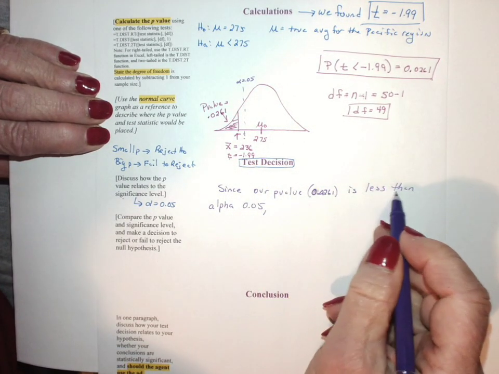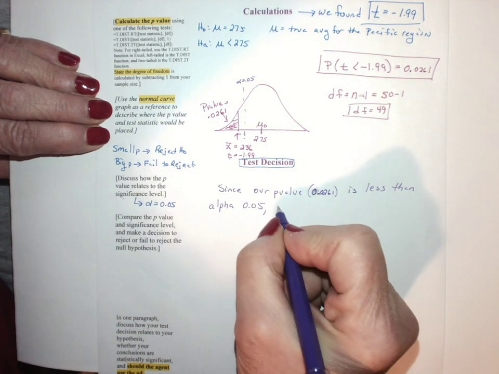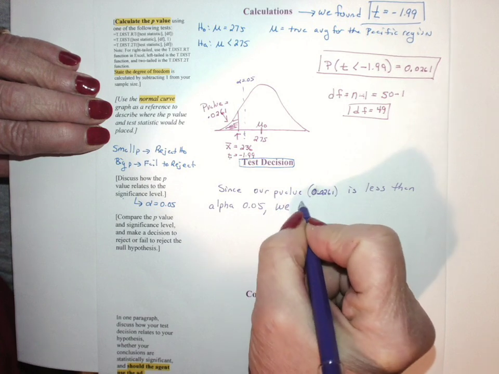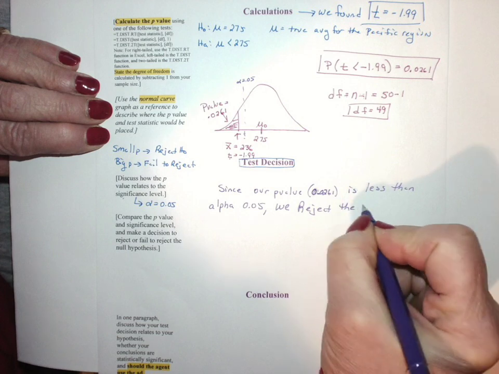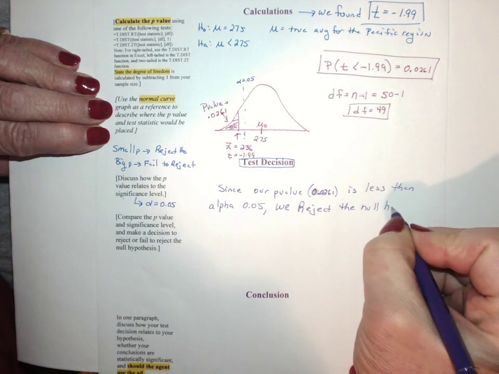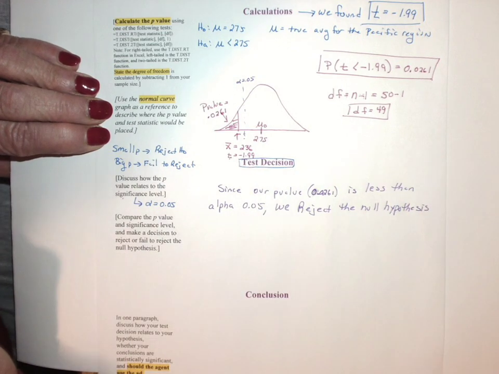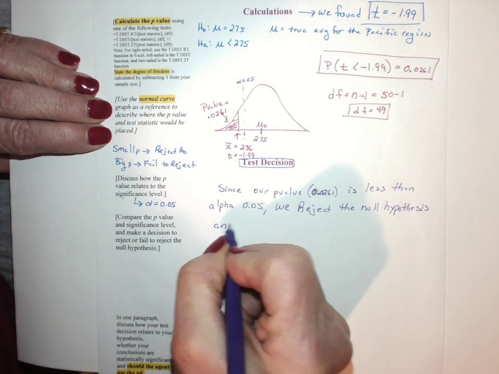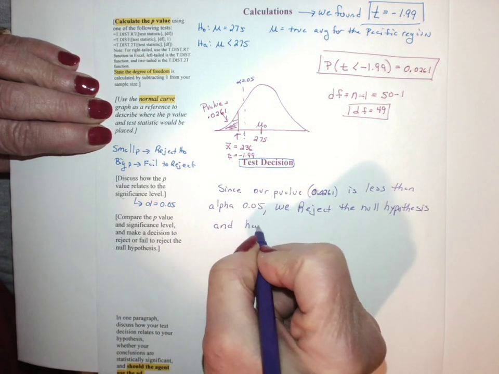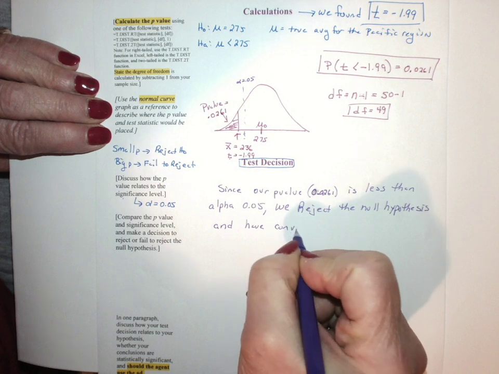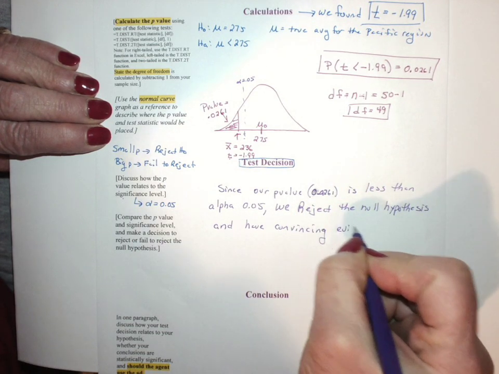Since our p-value is less than alpha 0.05, we reject the null hypothesis and we can make a conclusion and have convincing evidence.